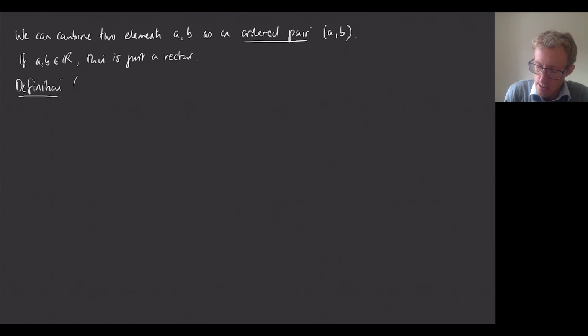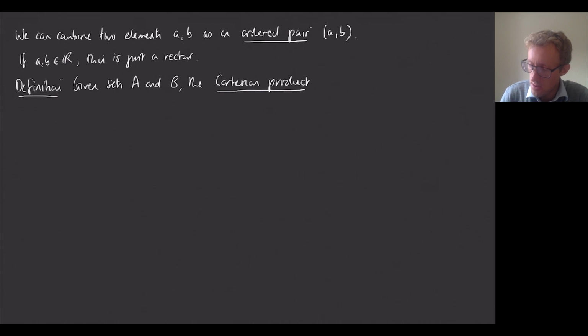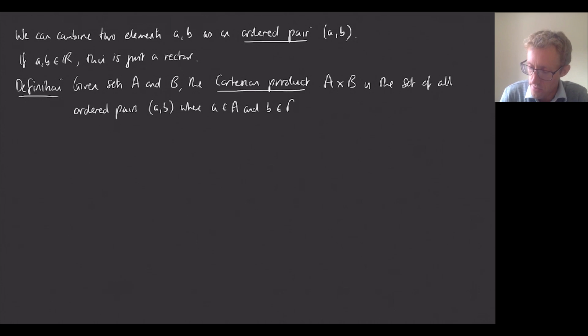So I'm going to say, given sets A and B, the Cartesian product, which we denote A × B, is the set of all ordered pairs (a, b), where a is from the set A and b is from the set B. Okay.